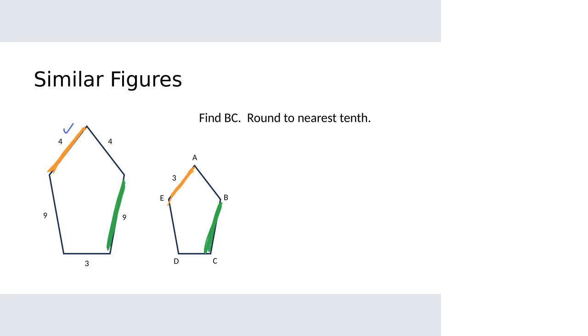I'm going to say 4 is to 3 as 9 is to BC. There are other ways to set up the proportion and be correct. Just make sure that you are consistent with your logic. I went 4 is to 3, so the larger figure that's on the left is the number that's in the numerator.